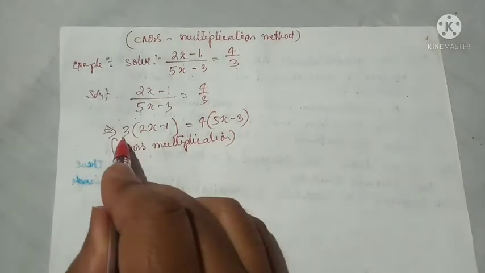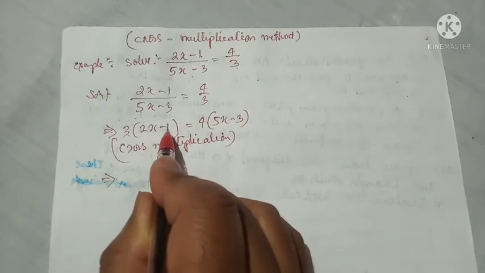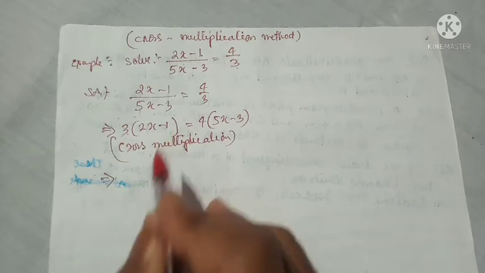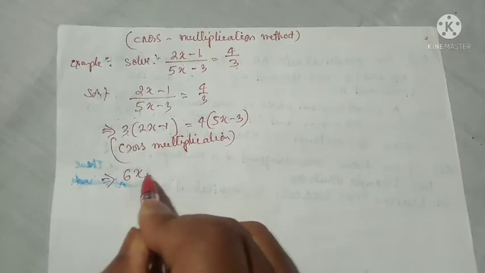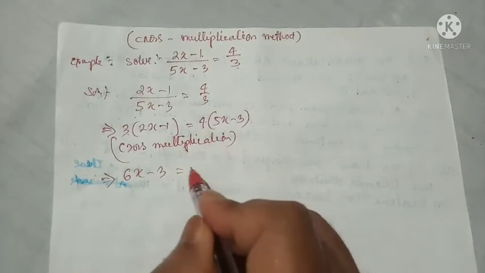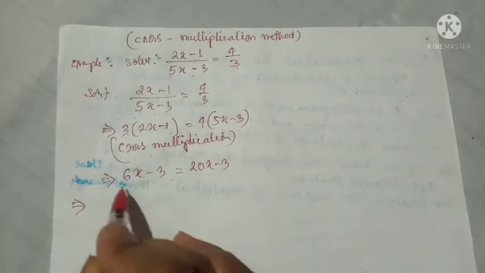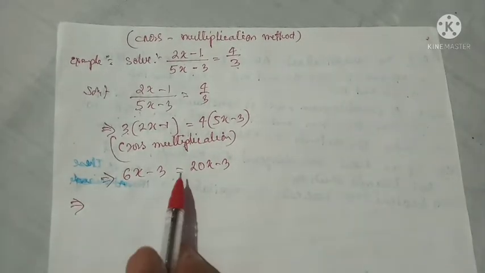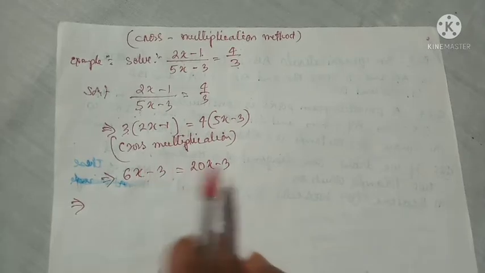Now multiply 3 with the terms inside the bracket. So 3 into 2x is 6x, minus 3. On this side, 4 into 5x is 20x, minus 12. Here we have to transpose the variable to the left hand side and the constant to the right hand side.